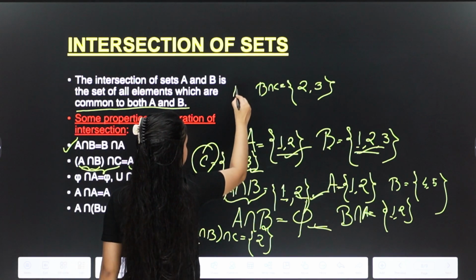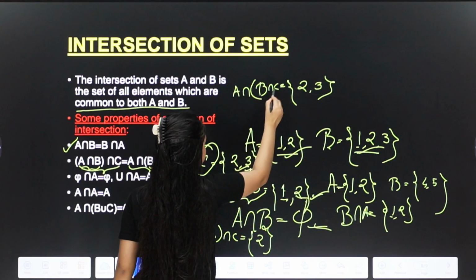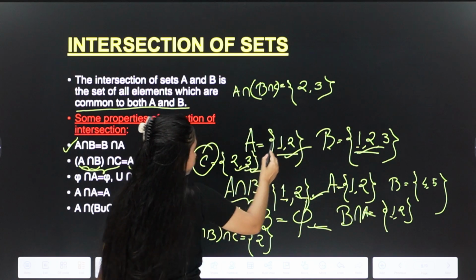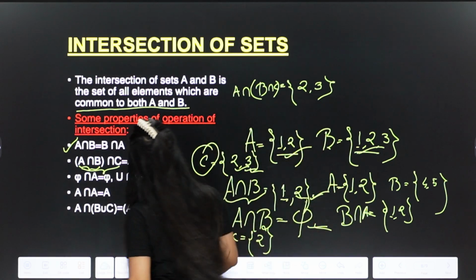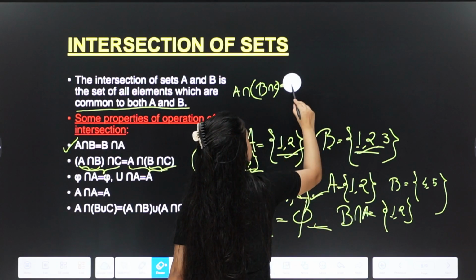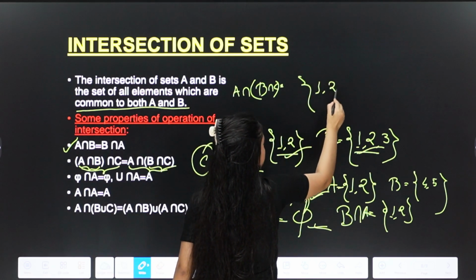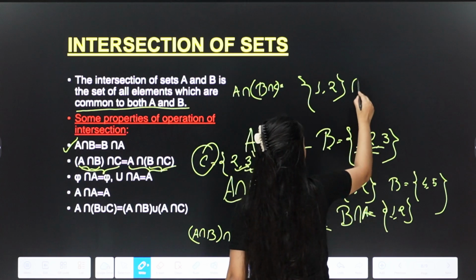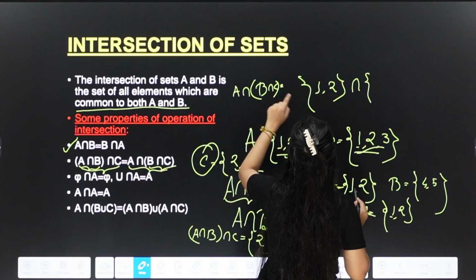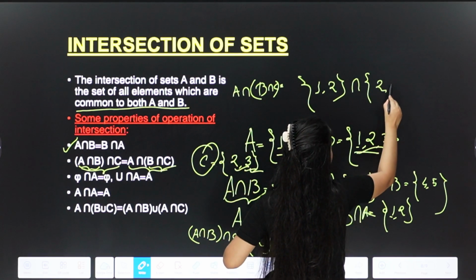Then A intersection B intersection C is, what is A? A is 1, 2. And what is the element in B intersection C? That is 2, 3.